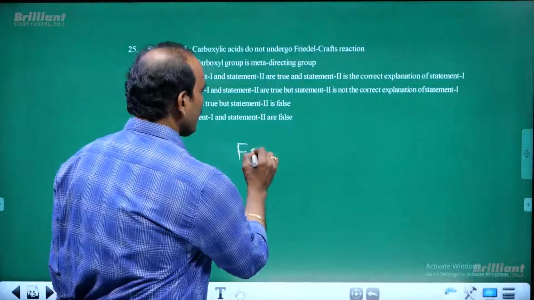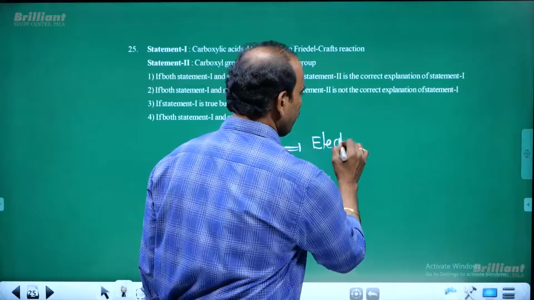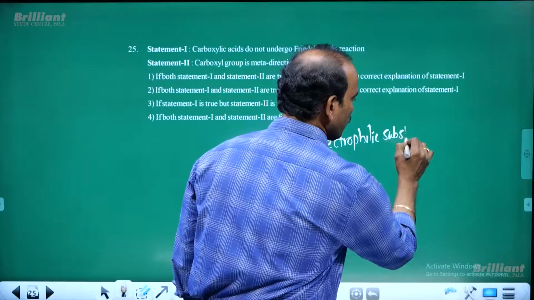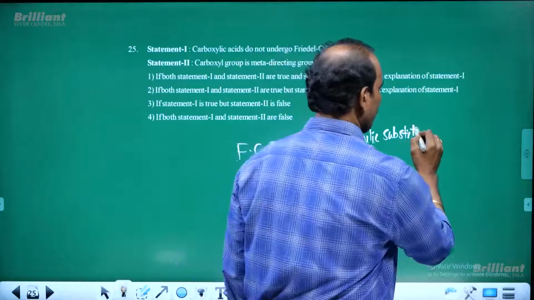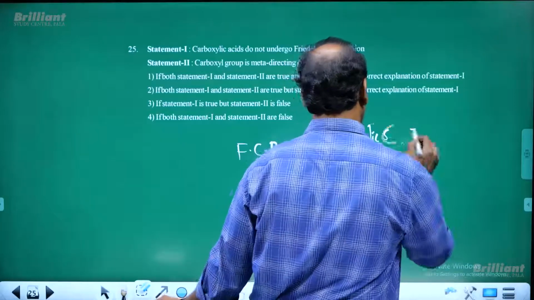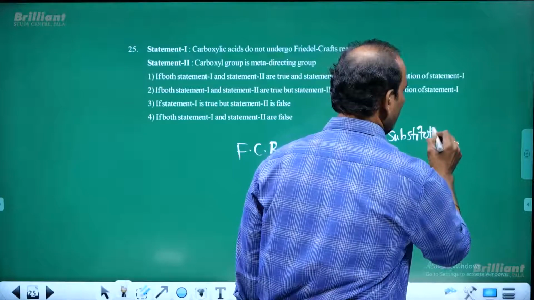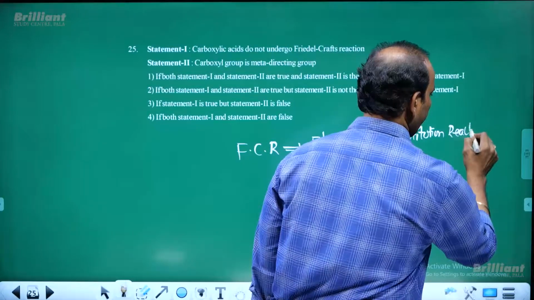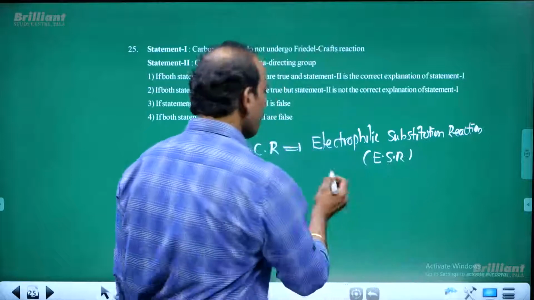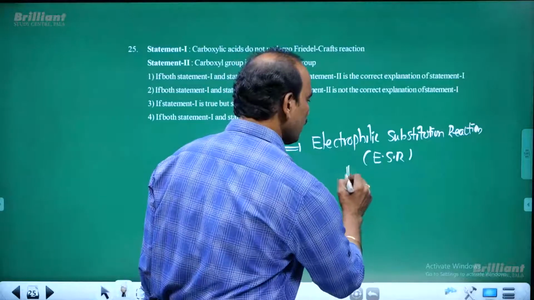So here Friedel-Crafts reaction belongs to electrophilic substitution reaction. What is required for this reaction?